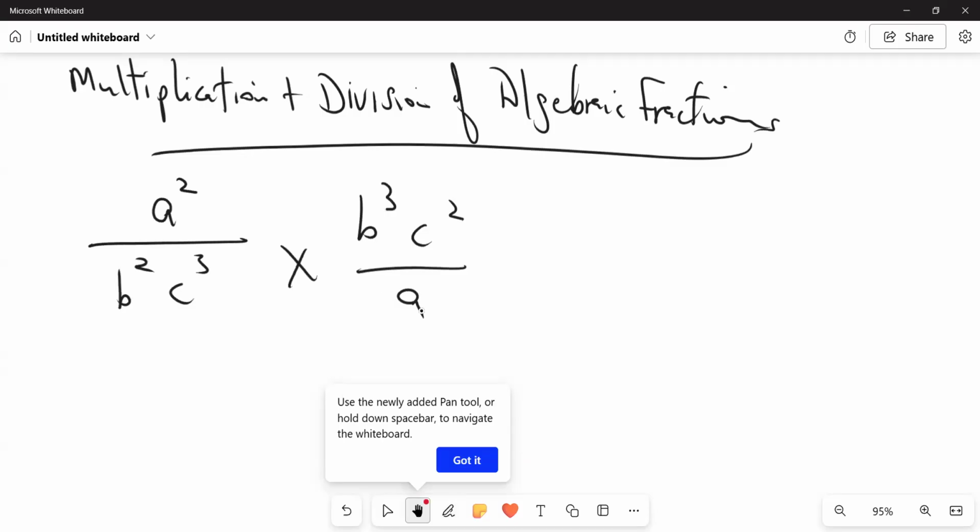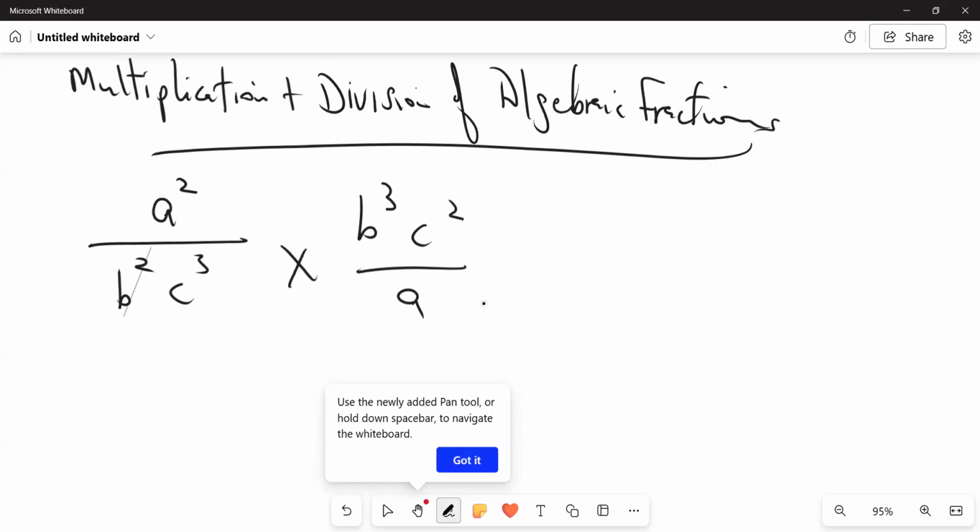Well, the beautiful thing about multiplication is you can cancel any numerator with any denominator, right? So we see here there are no similar bases. This is A, this is B, this is C, they're all different. But we can cancel across like this. We haven't done indices, so let me write it out.